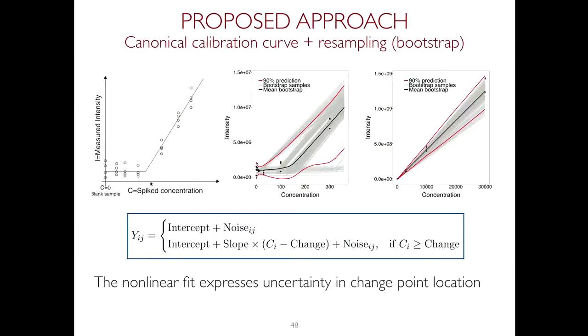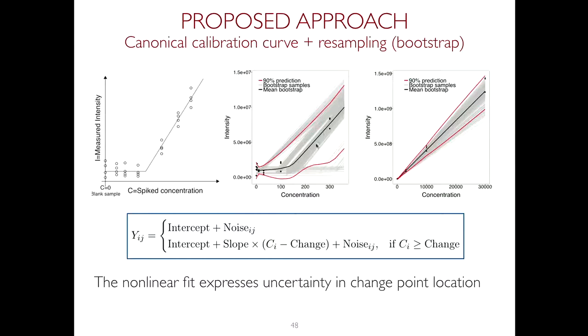So what we do then, we fit this type of hockey stick curve, but we do it many times. To characterize the uncertainty, we resample the data. The statistical procedure is called bootstrap. We sample with replacement some of the data points from this protein, we fit this curve. We sample again with replacement, we fit this curve again, and we do it many times, maybe 1,000 times.